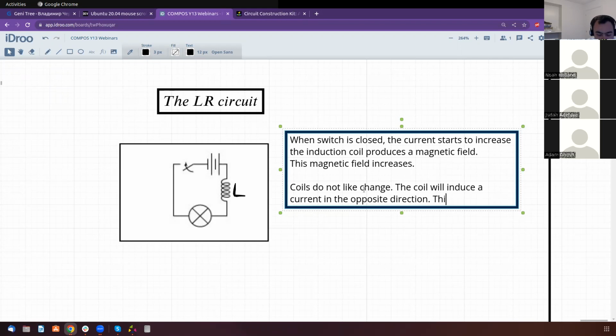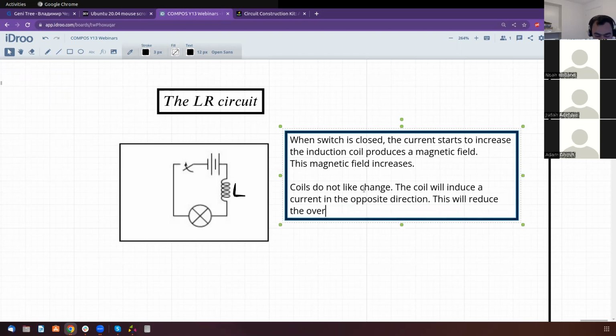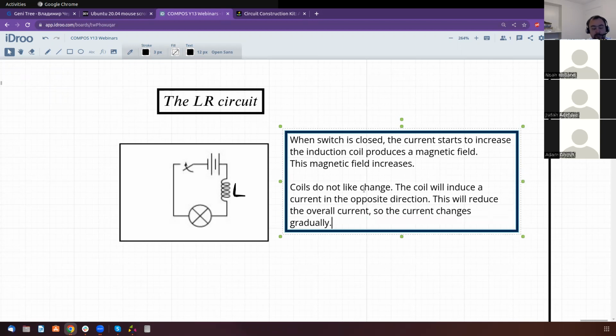This will reduce the overall current. So the current changes gradually. Does that make sense?